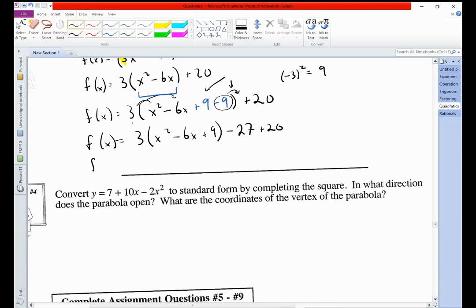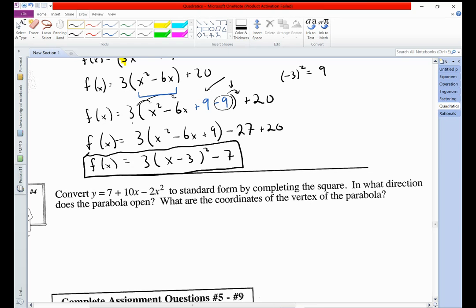Now what I can do is say 3, that trinomial becomes a perfect square binomial, x minus 3 squared, and negative 27 plus 20 is negative 7. And that's our equation. Sorry about missing that step. I totally forgot about it.